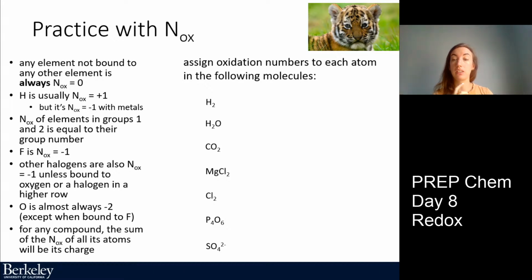And then you need to use the last rule to figure out what the oxidation number of carbon needs to be such that the total oxidation number is 0, because CO2 is neutral. So you want the oxidation number of carbon plus 2 times the oxidation number of oxygen to equal 0, because the molecule is neutral.